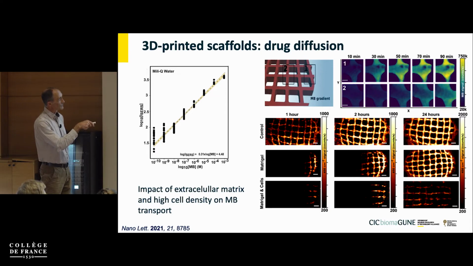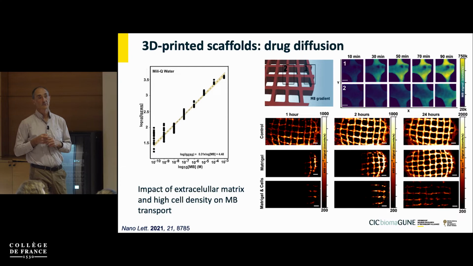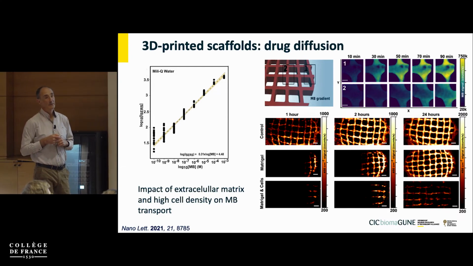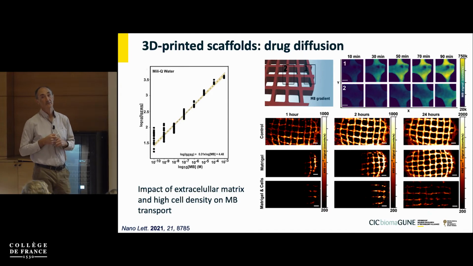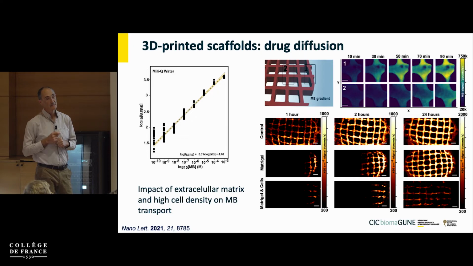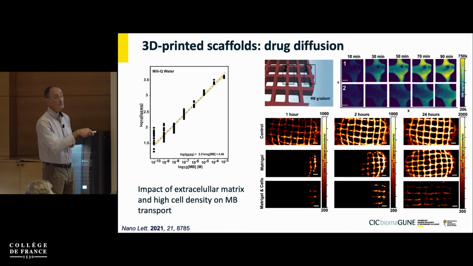And now, the presence of Matrigel and cells brings up a new component, because now you see the diffusion is not only slow, but actually the intensity that you get at the end is also much lower. And so what we reasoned was, here we have not only a higher viscosity, but actually a big part of the methylene blue is internalizing inside of the cells. And this is why it's not able to get to the particles and provide the signal.